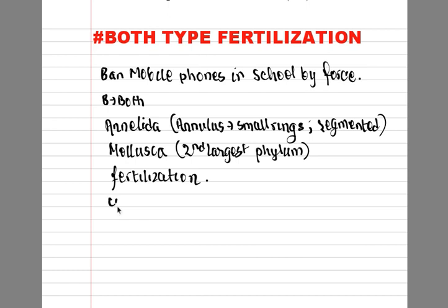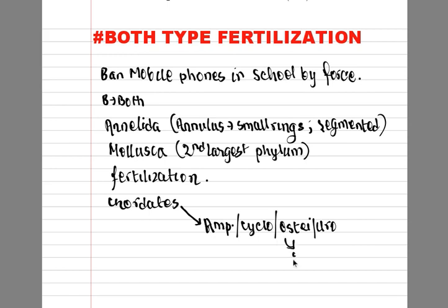And there is another thing, chordates. In chordates we can see that frogs, meaning amphibians, cyclostomata, osteichthyes, urochordata, they all show external fertilization.